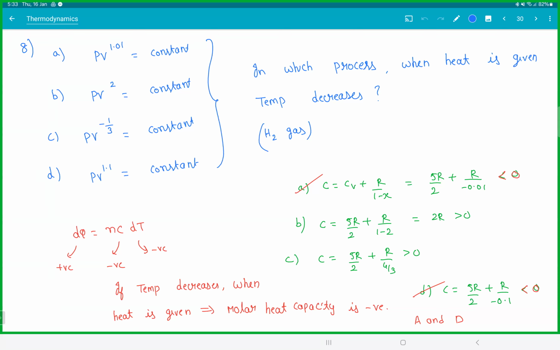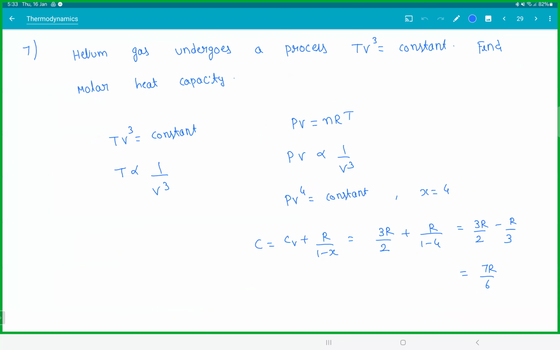Perfect. So the last thing we did was this individual process we are doing.